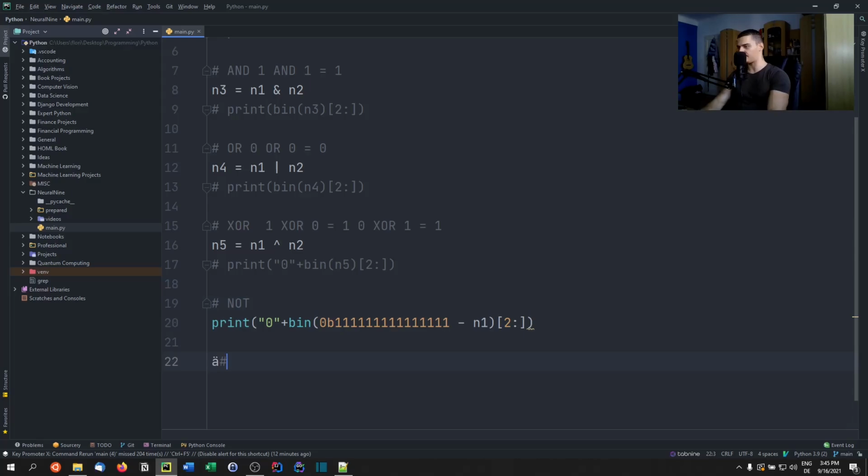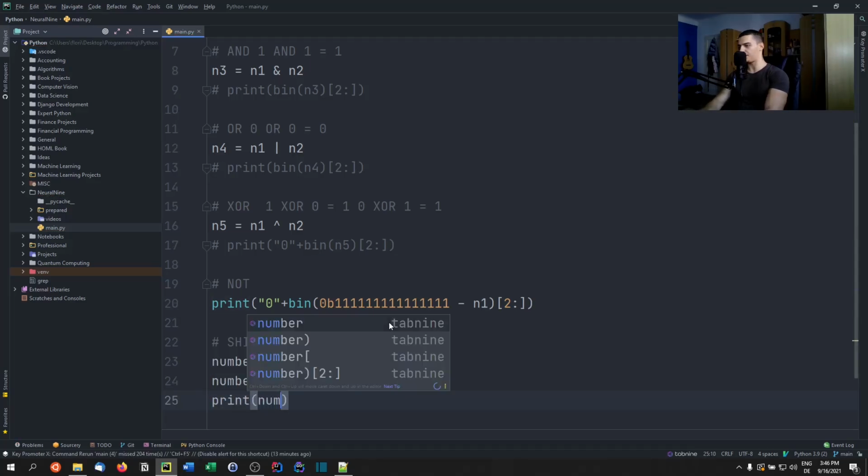So if I have shifts here, and if I have a number, let's say my number is, I don't know, 20, for example. If I now shift the number to the left 1 time, so if I say shift equals 1, and then I print the number, it's going to be 40.